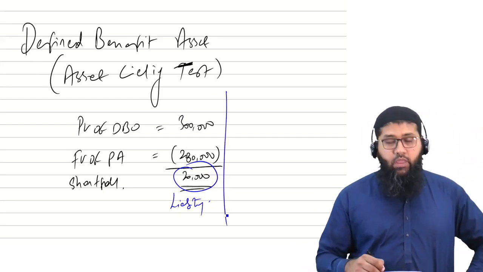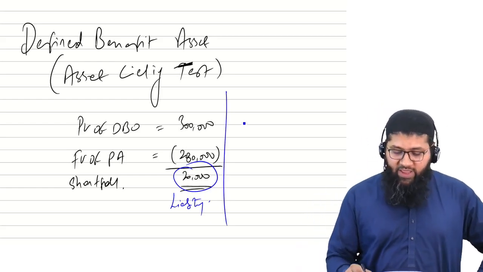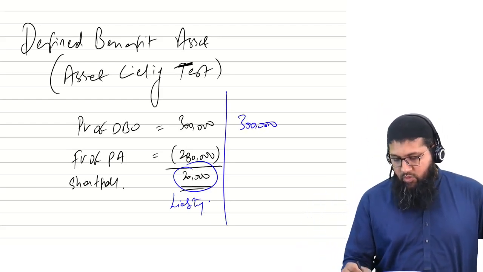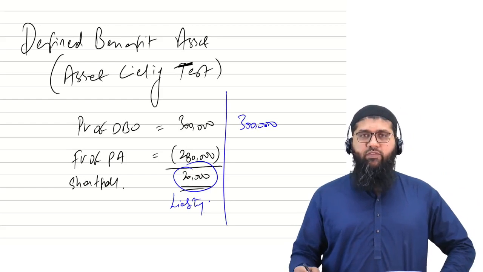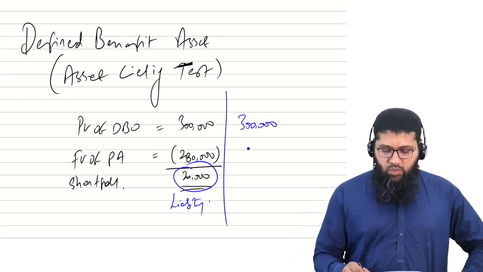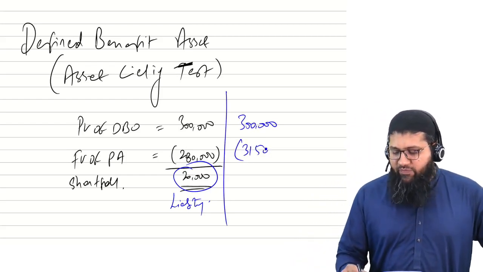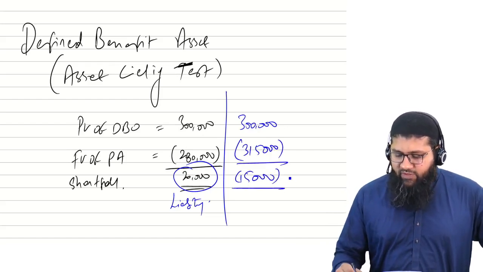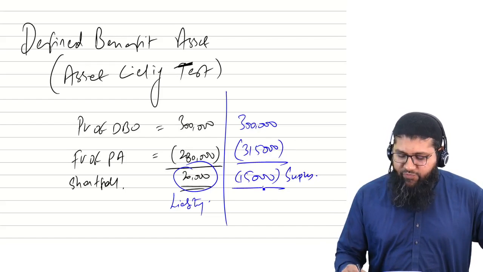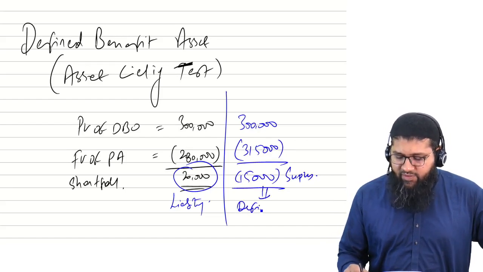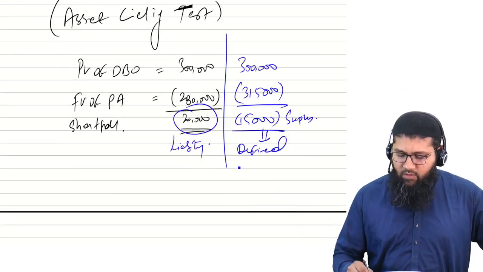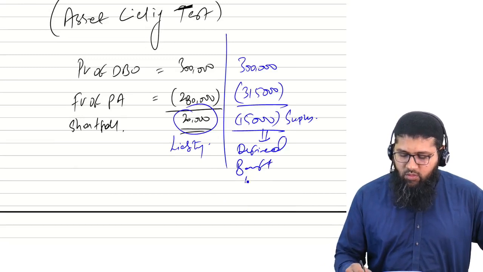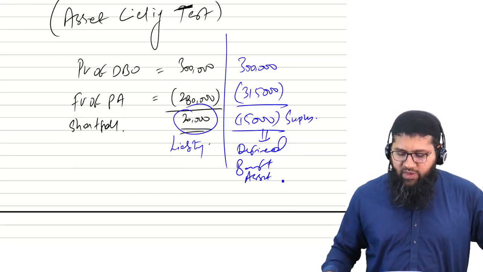But it could actually be a situation like this. You have defined benefit obligation of 300,000. The plan assets could be of 315,000. So you could have a negative 15,000. So this is actually a situation of surplus and this is termed as defined benefit asset.